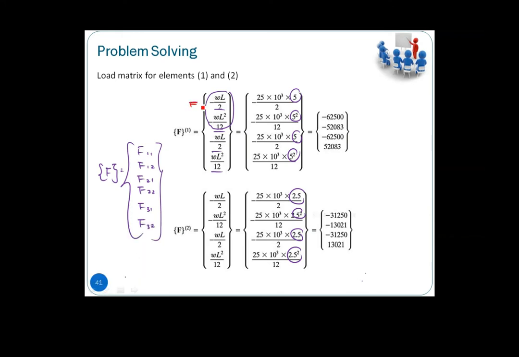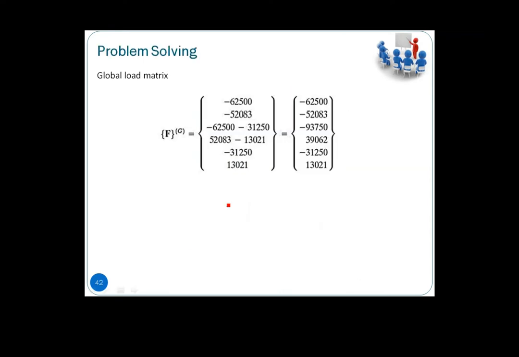This will be our F11, F12. So this is our F21, F22. This is also F21, F22, F31, F32. So these parts have to be added with these parts. So in the end you have a global load matrix, a 6 times 1 matrix.